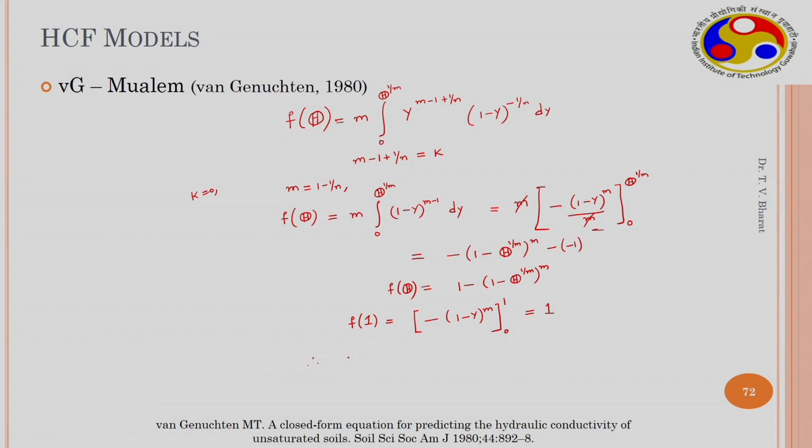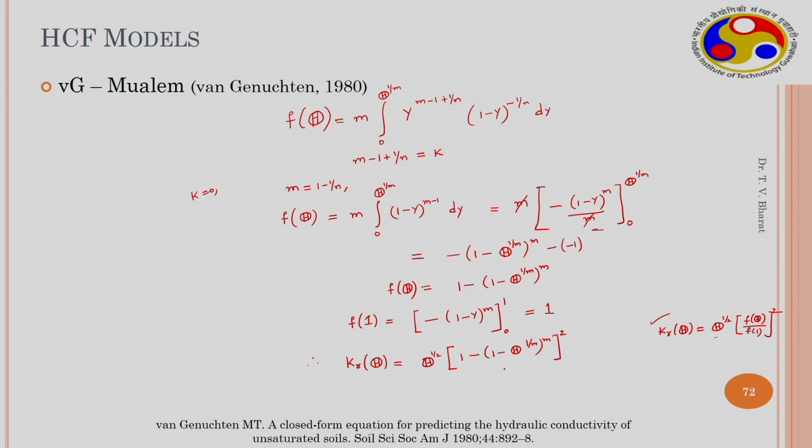So, therefore, the Kr relative hydraulic conductivity as a function of uppercase theta is equal to uppercase theta power half times 1 minus uppercase theta power 1 by m, power m, this whole squared, because Kr of uppercase theta is equal to uppercase theta power half times f of uppercase theta by f of 1, whole squared.